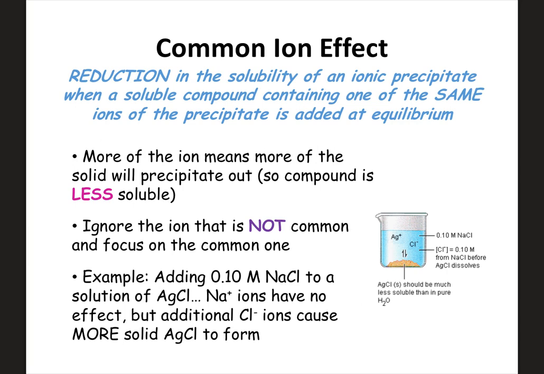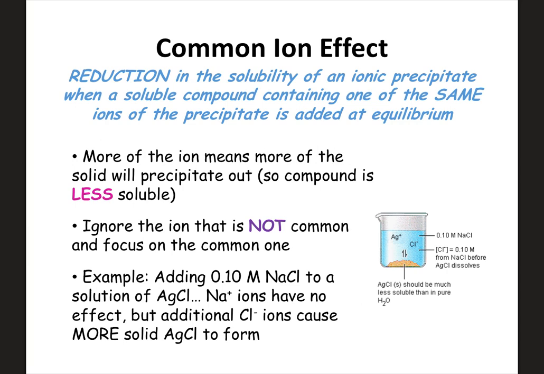If you can see in the little example here, it says if you add 0.10 molar NaCl to a solution of AgCl, the Na+ ions in the NaCl have no effect here because they're not in the AgCl. But now you're adding more Cl- ions. So this affects the solubility. So the AgCl, because of the presence of more Cl- ions, is not going to be as soluble.